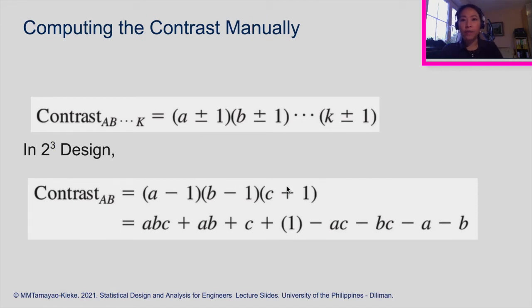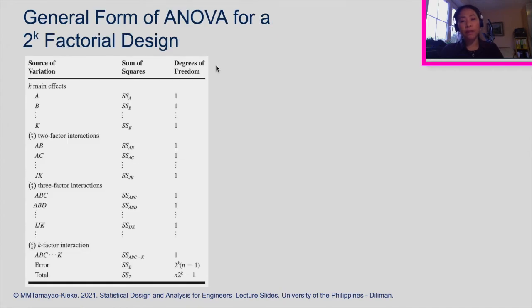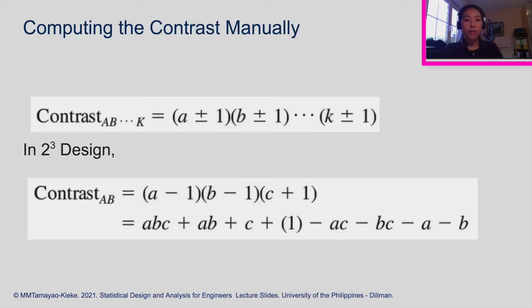Now, as I mentioned, there are several computer packages that you can use for computing. The computer packages can help you in computing the sum of squares, the mean squares, the F parameter, and the p-values.